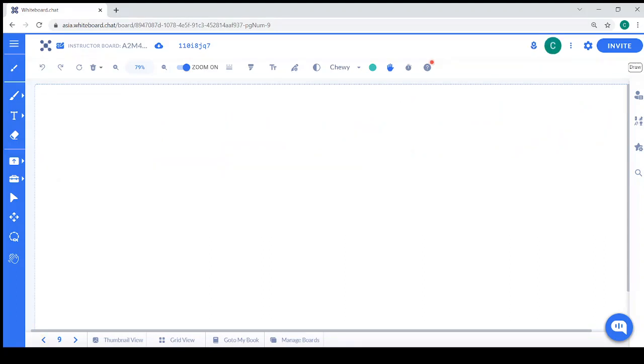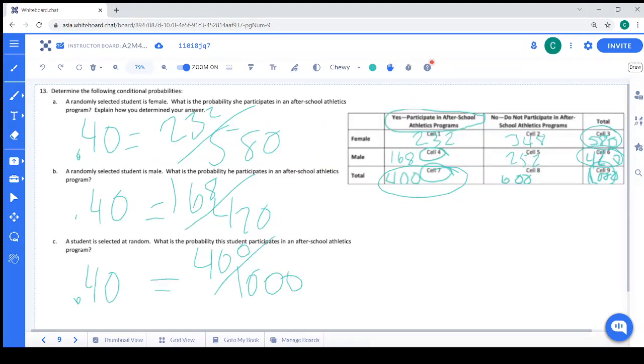So let's go back and look at our chart. The only way we could reason that they may think that is because of this cell 3 here versus the cell 6 here. Okay. That would mean that it just so happened that they were randomly chosen, okay, 1,000 students basically, and you would have 580 females and 420 males.